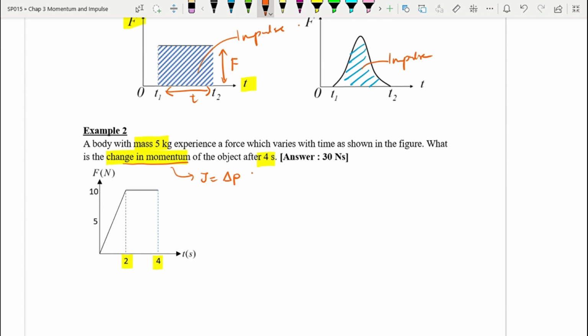Okay, so diberi pula graph of F against T dan of course F darab T mestilah area under the graph. So boleh buat satu-satu cari area ataupun nak terus gunakan formula trapezium. Okay, so area under the graph mewakili impulse, change in momentum.